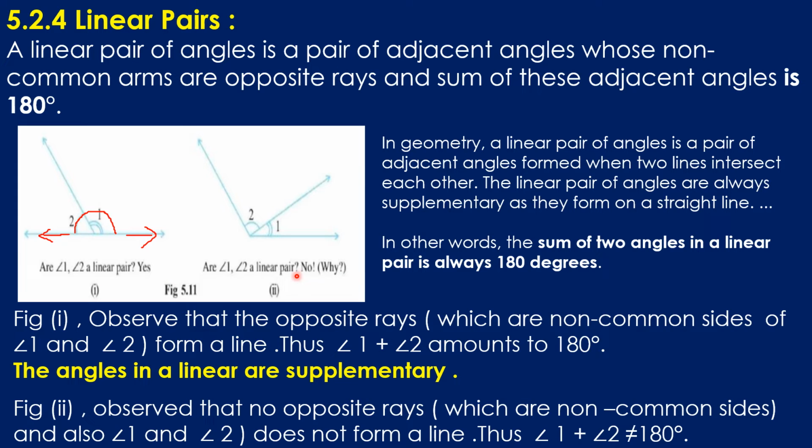Whereas in the second case, here we have two non-common arms, but they are not opposite rays. Therefore, angle 1 and angle 2 are not a linear pair. Even though they are adjacent angles, they are not a linear pair. So this is the difference between these two figures.